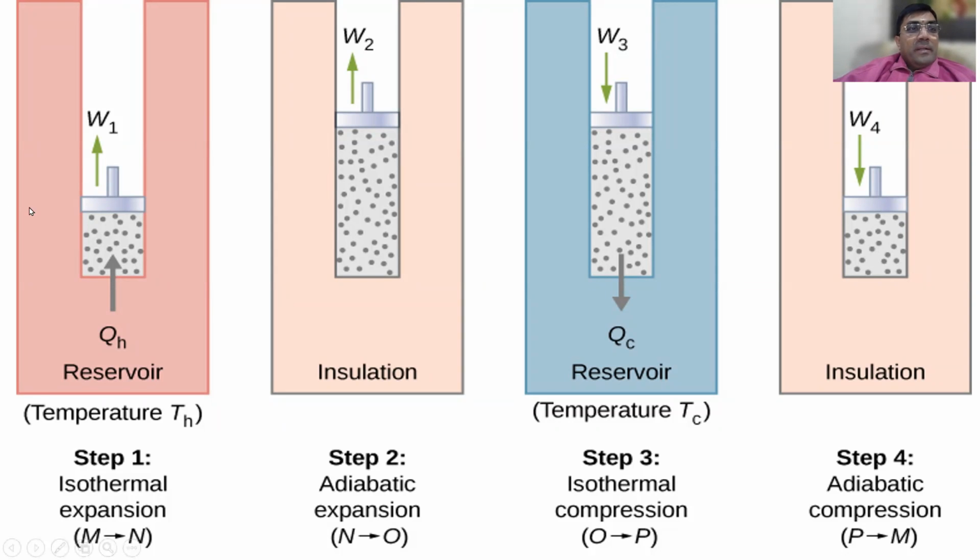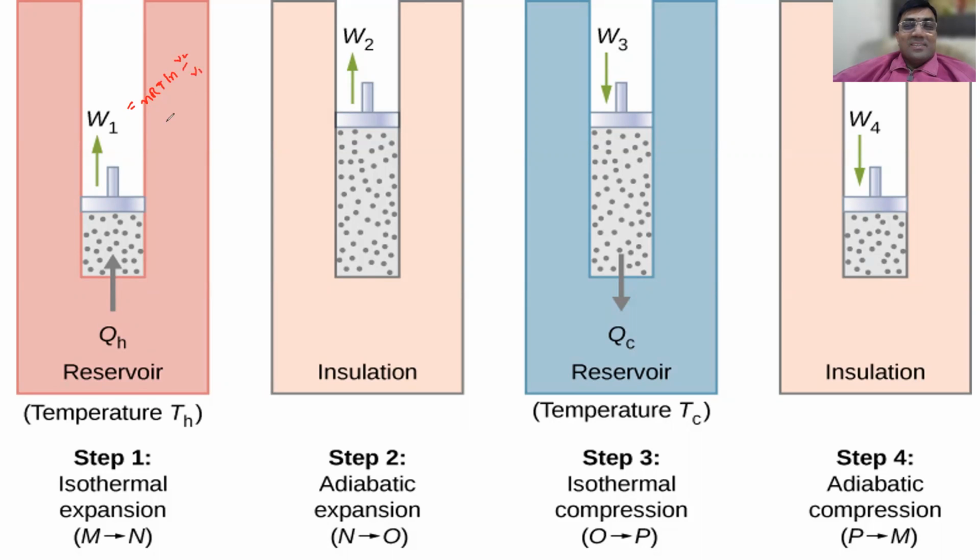Now you can see W1 is the work done here. So can anybody tell me what is the work done? If you were to write the work done here. Sir, nR(T2 minus T1) by gamma minus 1, sir. Is nRT there or not? nRT ln(V2 by V1).